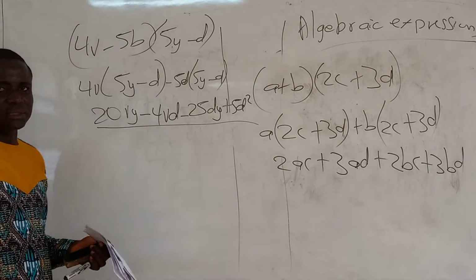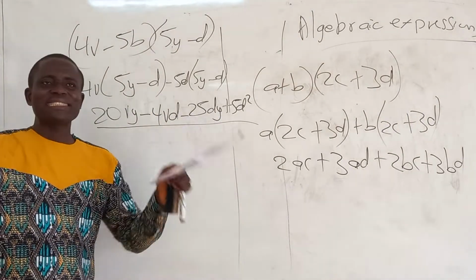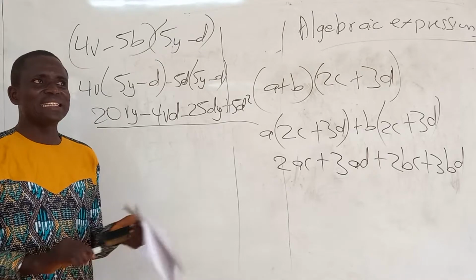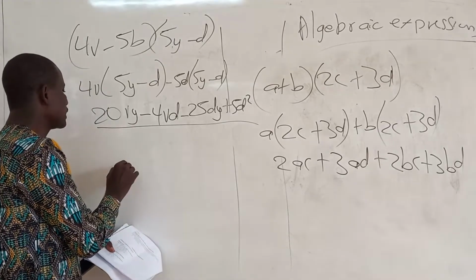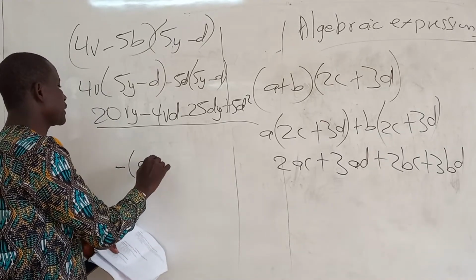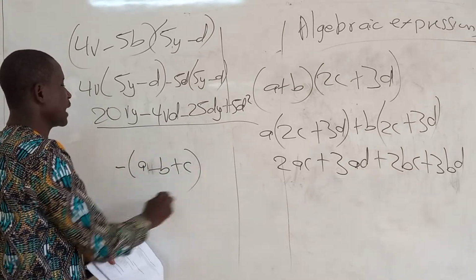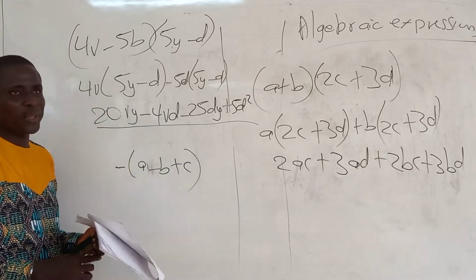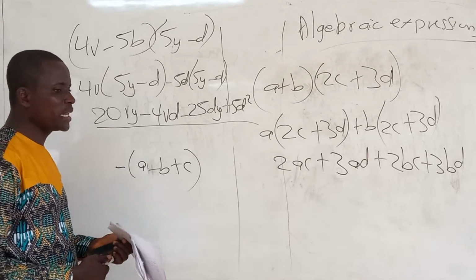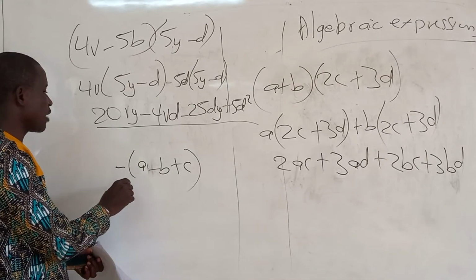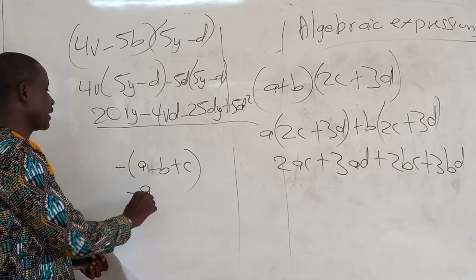Now you should know something. Anytime you are expanding an expression and it entails a negative, let's say I have negative (a minus b plus c), something like this, and you want to open the bracket. In opening the bracket, we're going to have negative a.